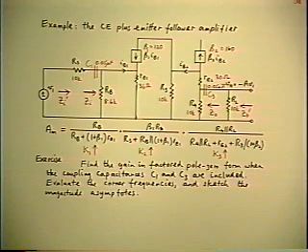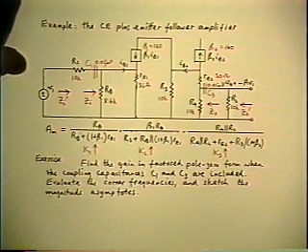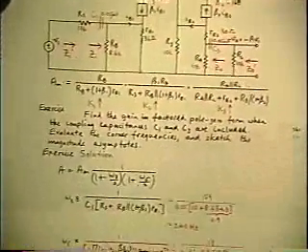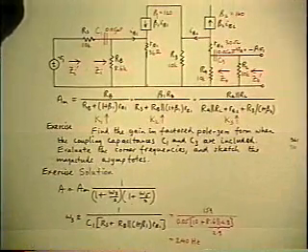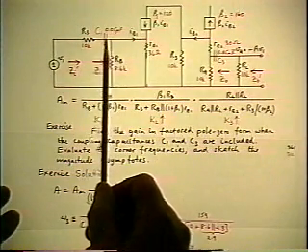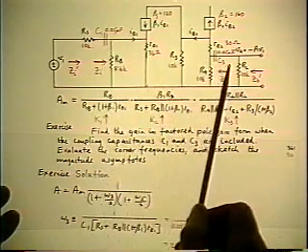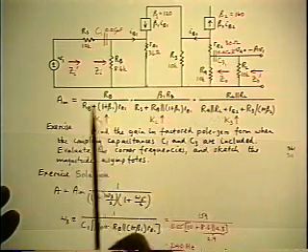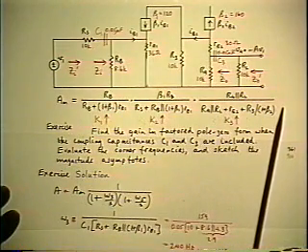Okay. Again, we can do it all mentally. The reference condition, of course, is C1 and C3 short circuits with the same mid-band gain that we had before.